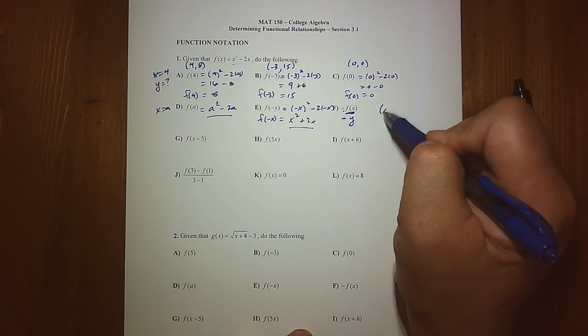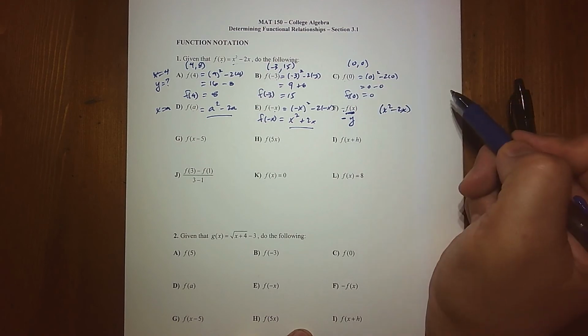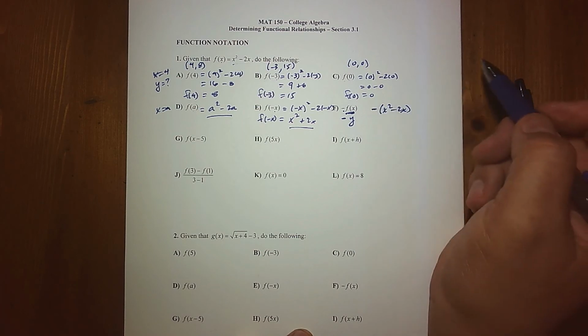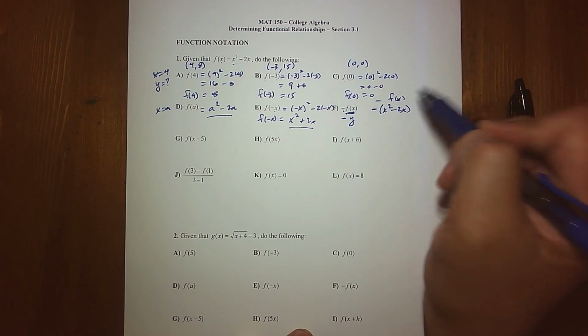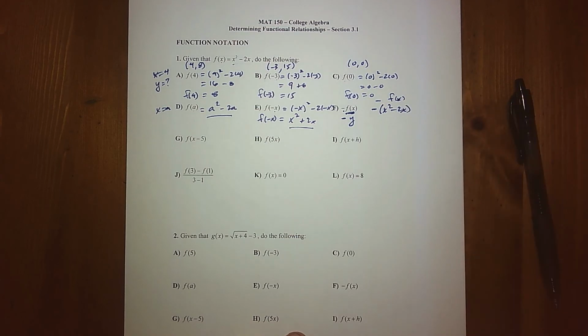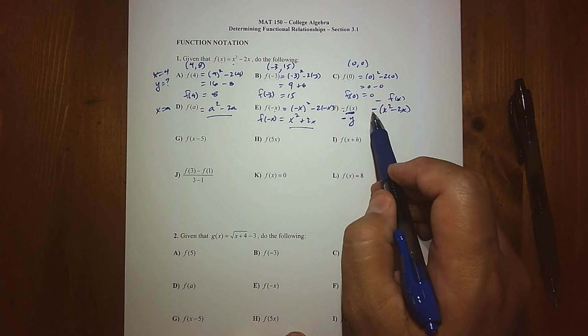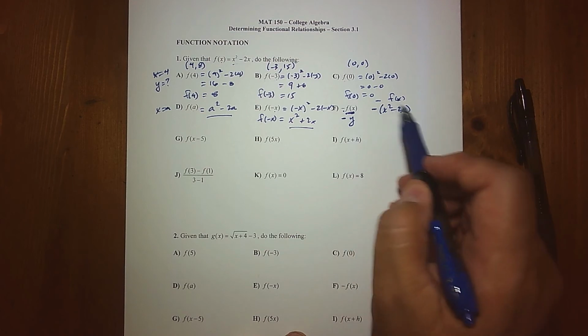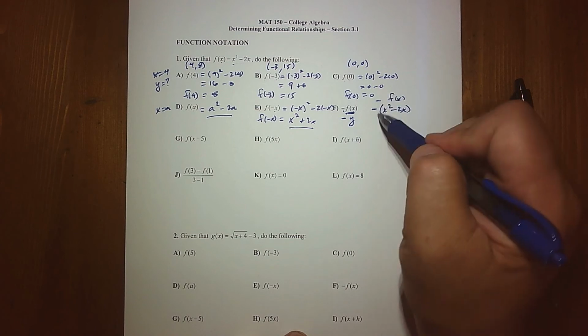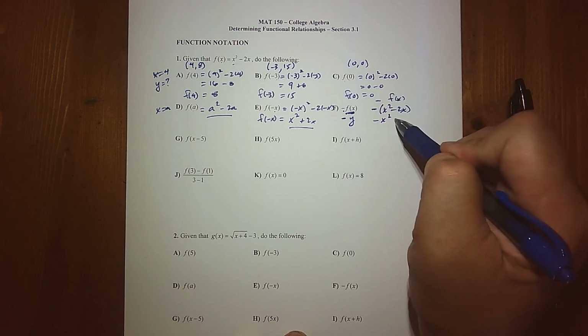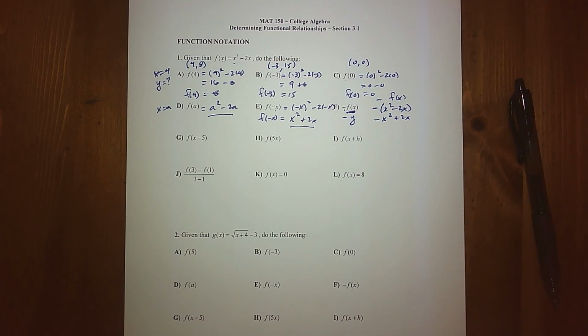Well, f of x is x squared minus 2x, and I'm putting a negative in front of it. So there's your negative of f of x. We're actually not putting anything into the function. This negative is applied to the whole function in its entirety. And so cleaning this up, distributing, we get negative x squared plus 2x.